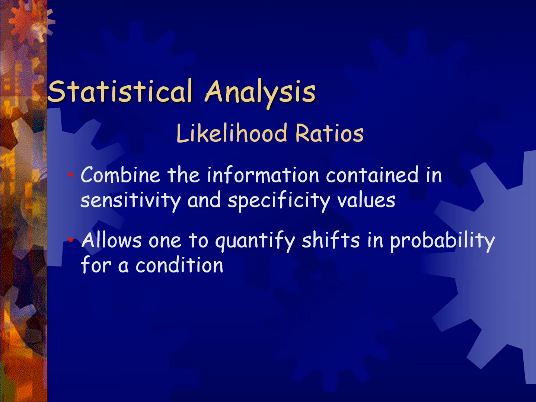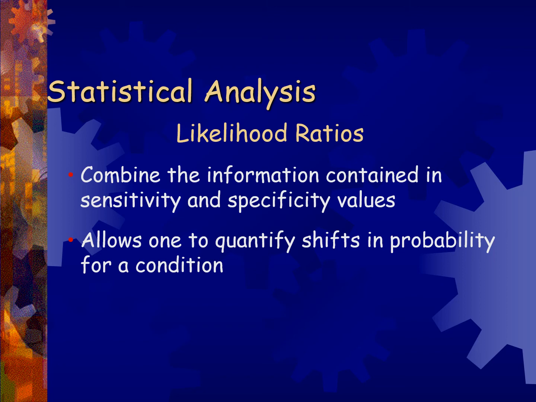When we described sensitivity and specificity, we described dichotomizing test results to determine whether or not clinical conditions are present based upon that cut point of 80%. Sometimes that's very helpful, but sometimes we would rather quantify the probability for a condition, whether or not it exists.